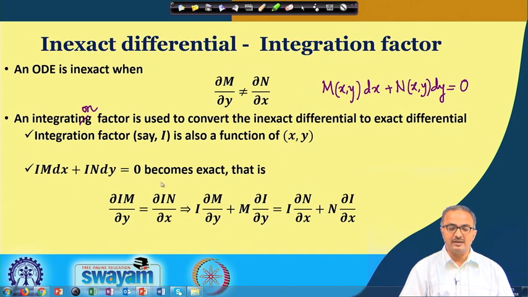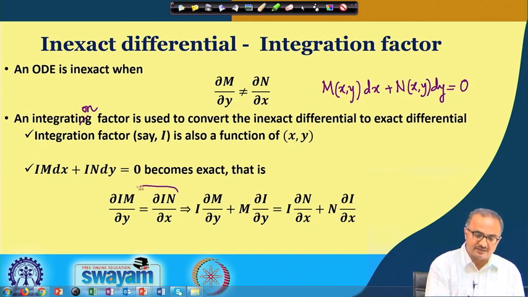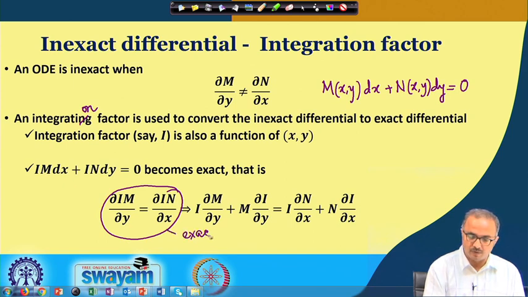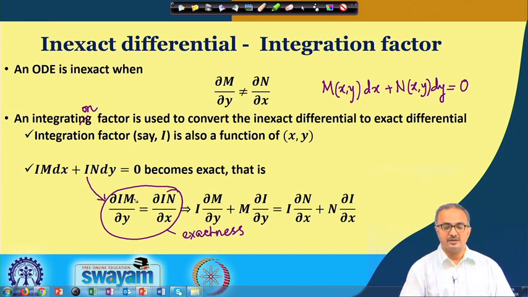And now you can see that this particular equation can become exact, that is, we put that ∂(IM)/∂y equal to ∂(IN)/∂x. This is the particular condition for exactness. So, this equation becomes exact if we have this particular situation.